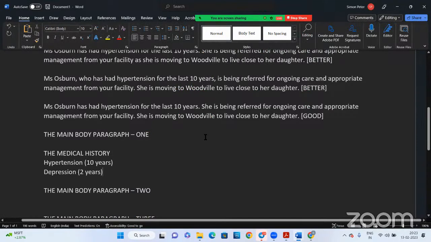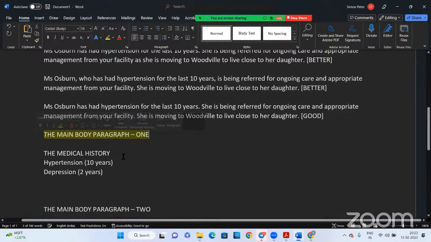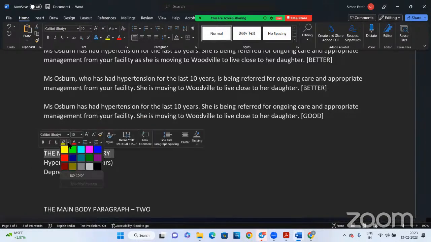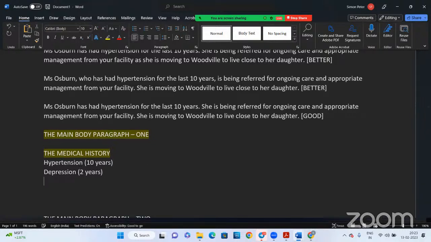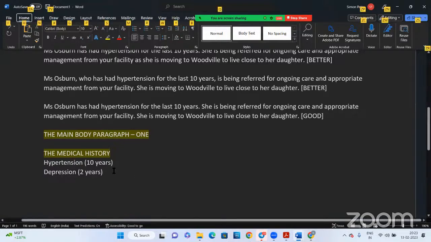This will go into the main body paragraph 1. Medical history is the most important one: 10 years hypertension and 2 years depression. So it's a long time.